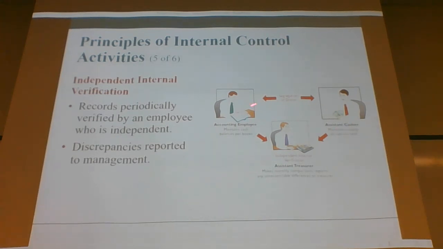So we've got segregation of duties going on between these two people. He's got the books, a record of how much cash we should have. This person has the actual cash. And then we've got somebody else over here who's making monthly comparisons to reports to find out if maybe this guy or this guy is not doing his job right. We call this independent internal verification.